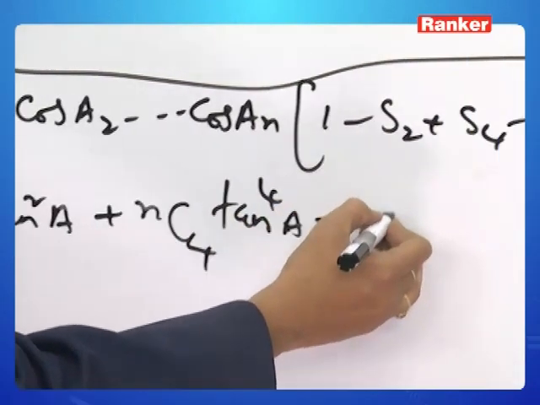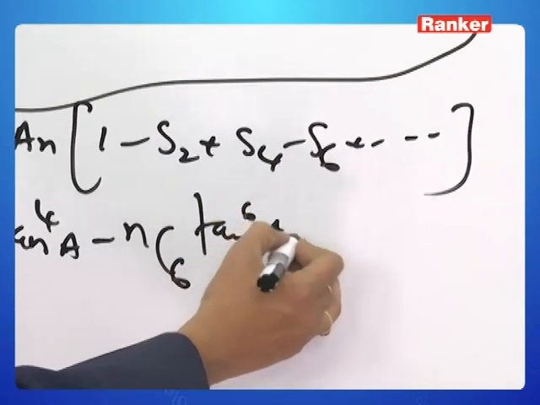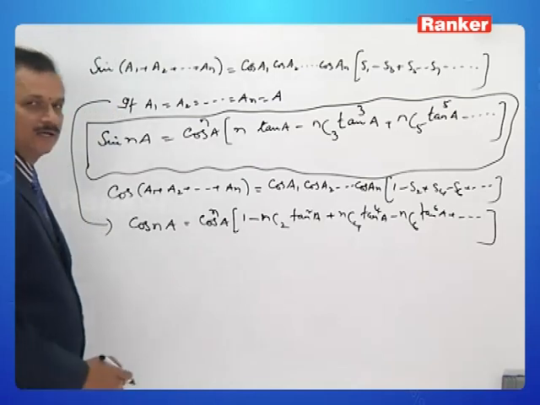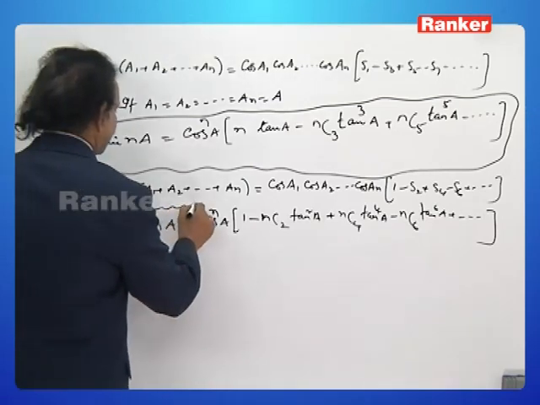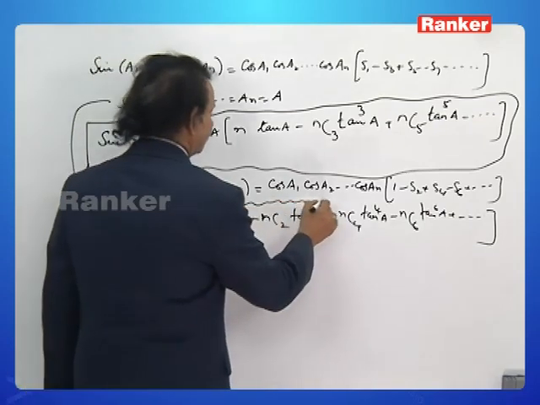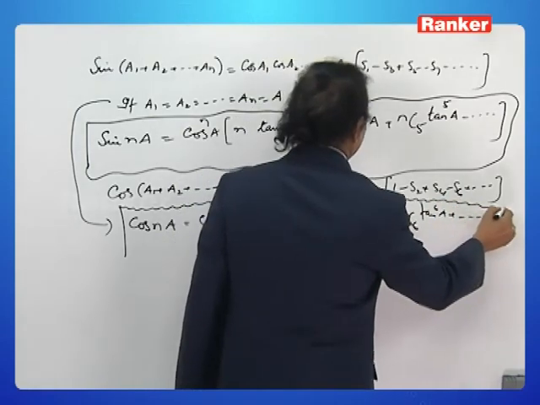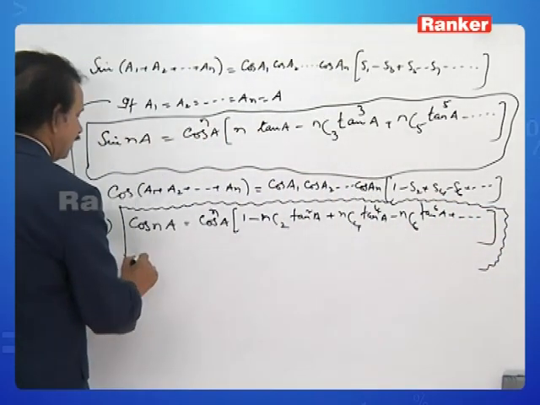The next term will be minus NC6 into tan power 6A, and so on. This is the formula to have cos NA. This is the more suitable formula.